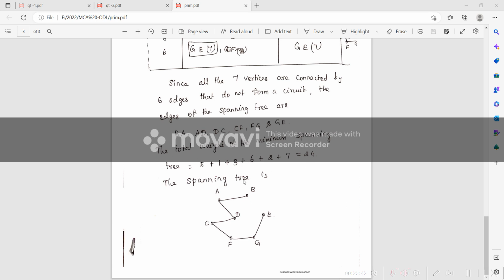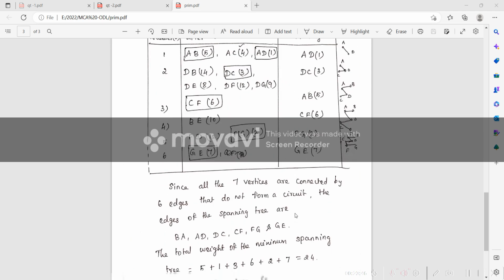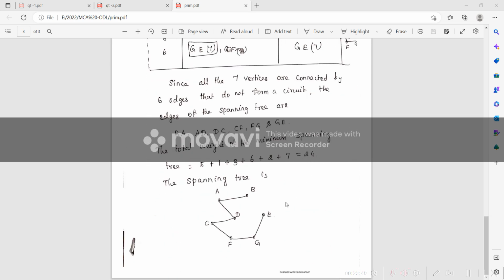The weight of the spanning tree will be found by adding all those selected edges' weights, and we get the weight as 24, and the diagram for this one is BA, and then AD, next DC, CF, FG, and then GE. So this is a connected graph without a cycle.